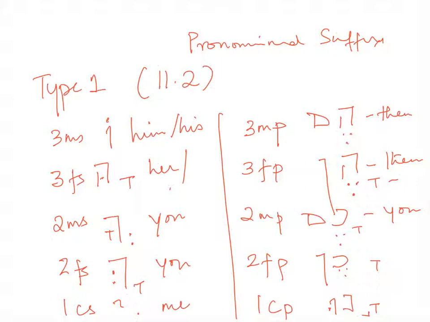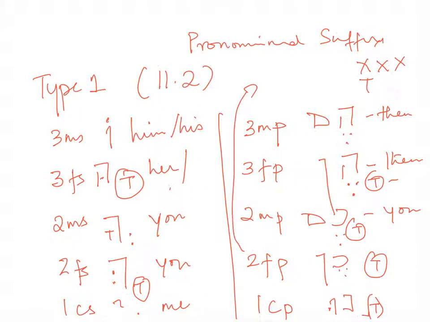Now you'll notice the connecting vowel in many of the cases is the qamets. I'm going to use the 3fp here. The 3fp is ken, so it'll appear like this: this is the word, there's a connecting vowel of the qamets, and then the entire ken comes into the picture.